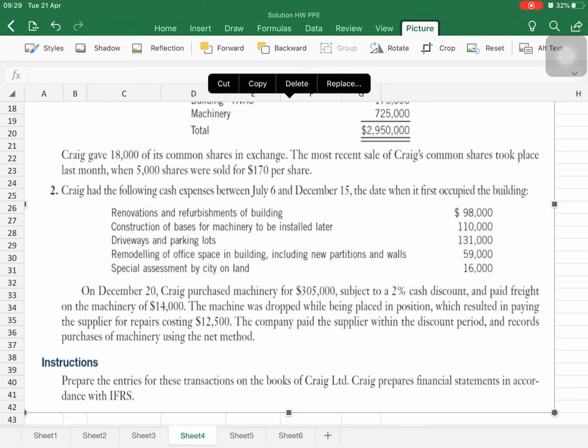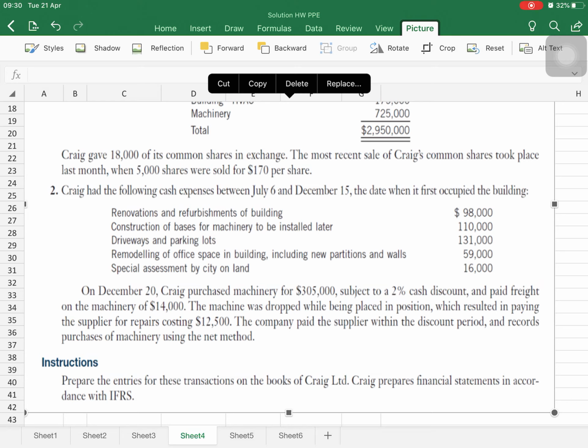On December 20, Craig purchased machinery for $305,000 subject to a 2% cash discount and paid freight on the machinery for $14,000. The machinery was dropped while being placed in position, which resulted in paying the supplier for repairs costing $12,500. The company paid the supplier within the discount period and records purchase of machinery using the net method. Prepare the entries for the transaction.